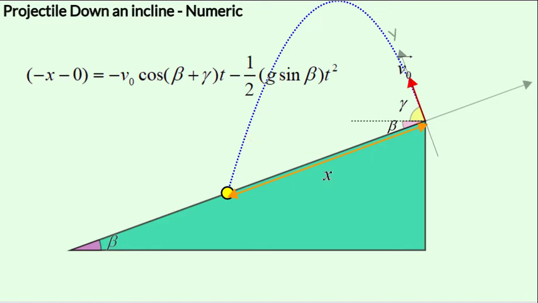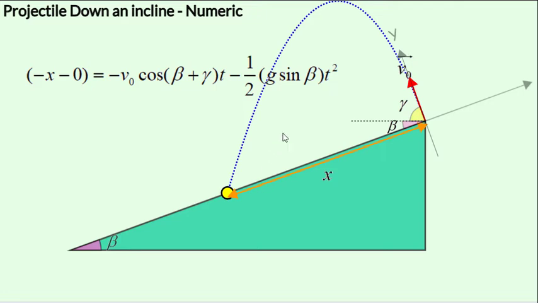And since this is a downward projection, you can see that the initial velocity and the acceleration are both in the same direction, that is along the negative x direction. And let t be the time of flight of the projectile, so the time it takes from launch to landing, right from the time it is launched to the time it lands back on the incline.